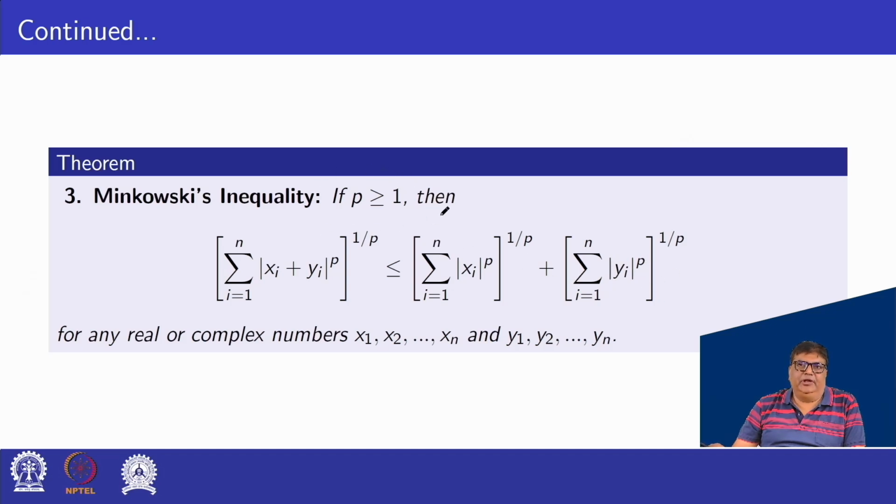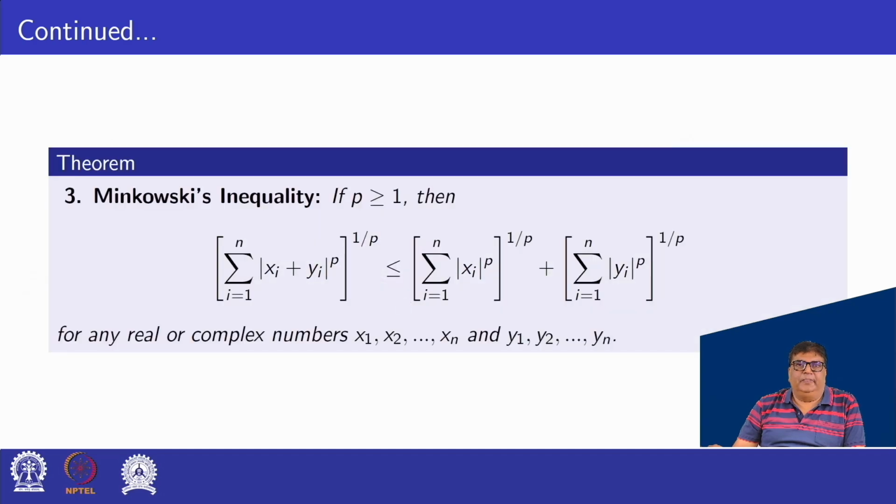Here p greater or equal to 1. In Holder's inequality, p greater than 1, and in Minkowski inequality, p greater or equal to 1. Here xi and yi are real or complex numbers, for each i is equal to 1 to n.